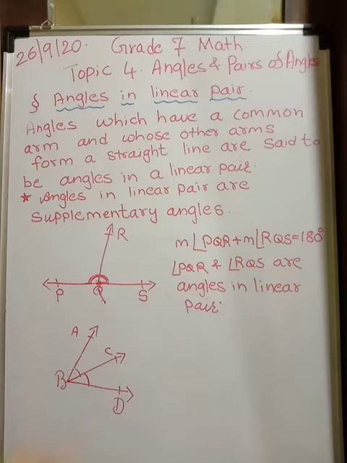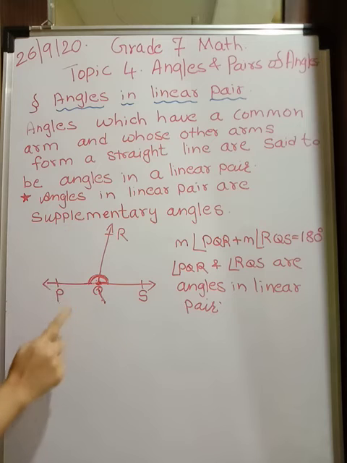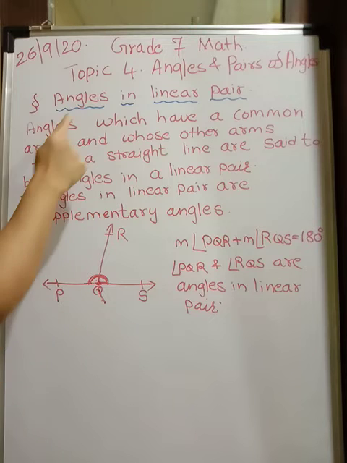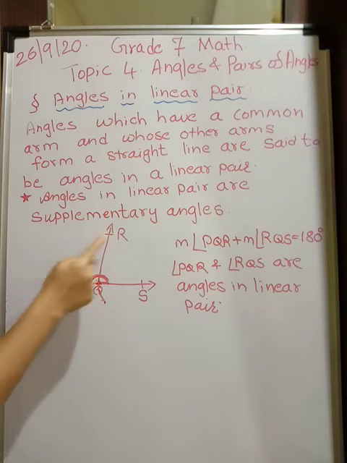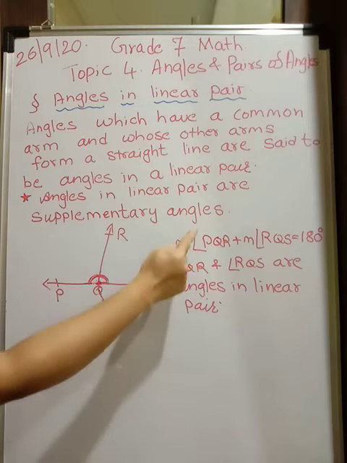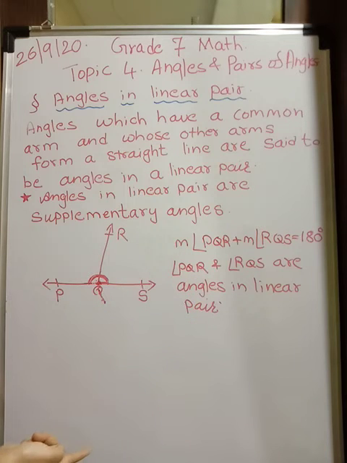Is it clear? These are adjacent but not angles in linear pair. Okay, so I am erasing this. Now what you should be doing, do it with these opposite rays also. Give the heading, write the definition, draw the diagram. Here also write the heading, write the definition, draw the diagram. Write this description as well, and then go for the exercise.